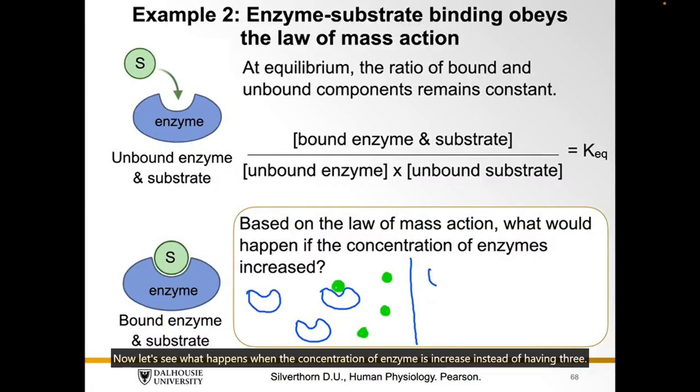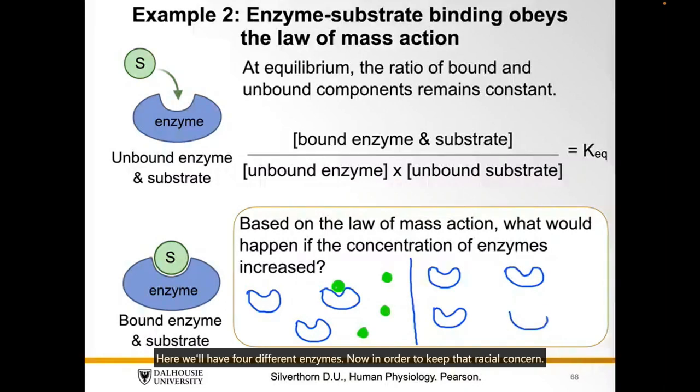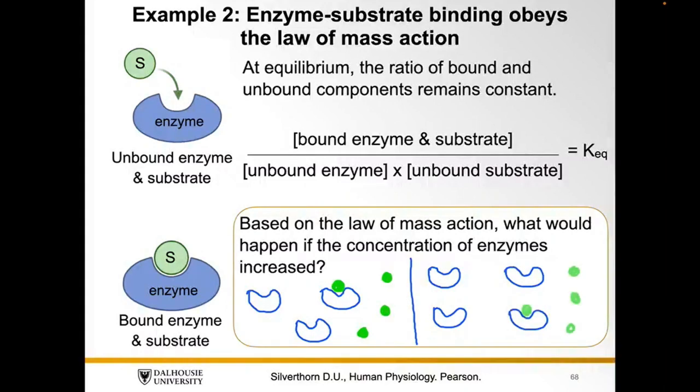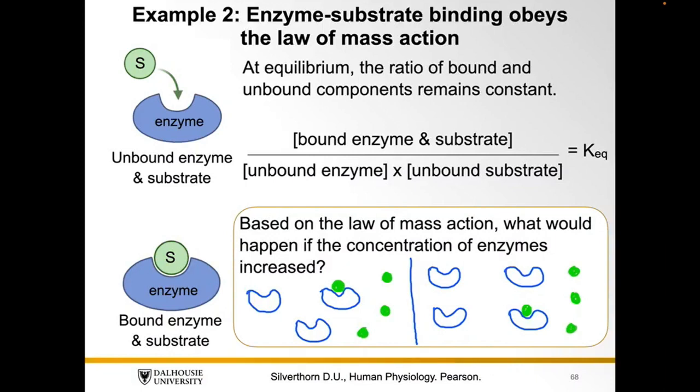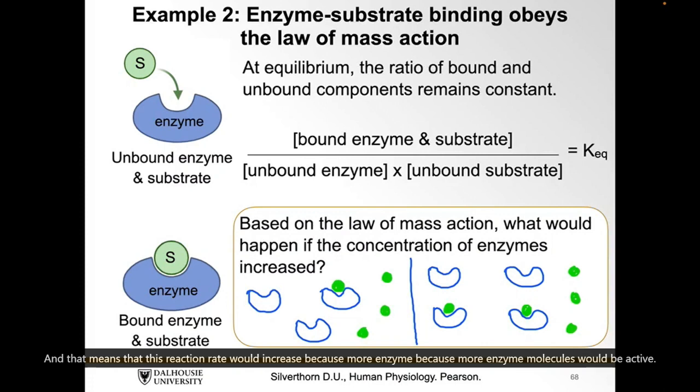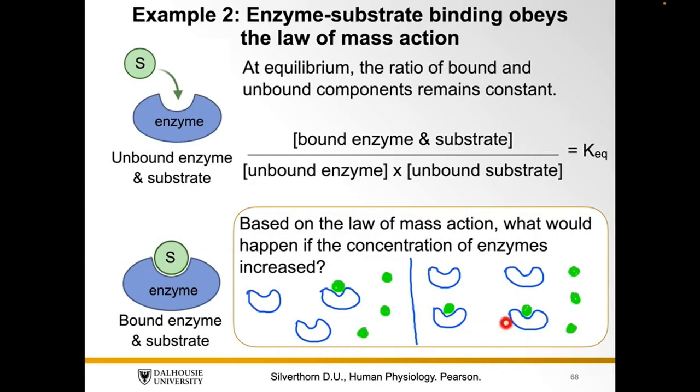Now let's see what happens when the concentration of enzyme is increased. Instead of having 3 here, we'll have 4 different enzymes. So in order to keep that ratio of bound to unbound enzyme constant, there will be more substrate binding to the enzyme. And that means that this reaction rate would increase because more enzyme molecules would be active.